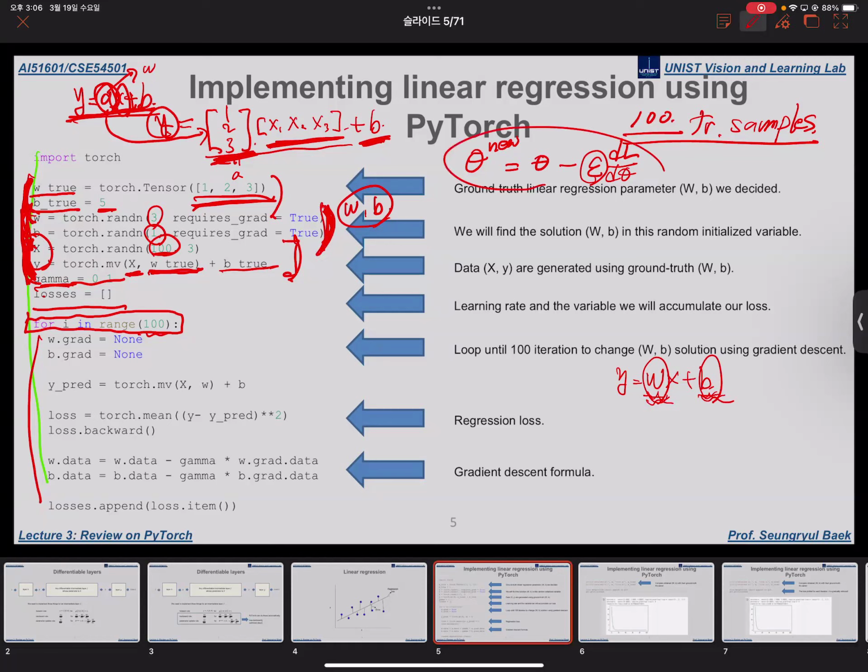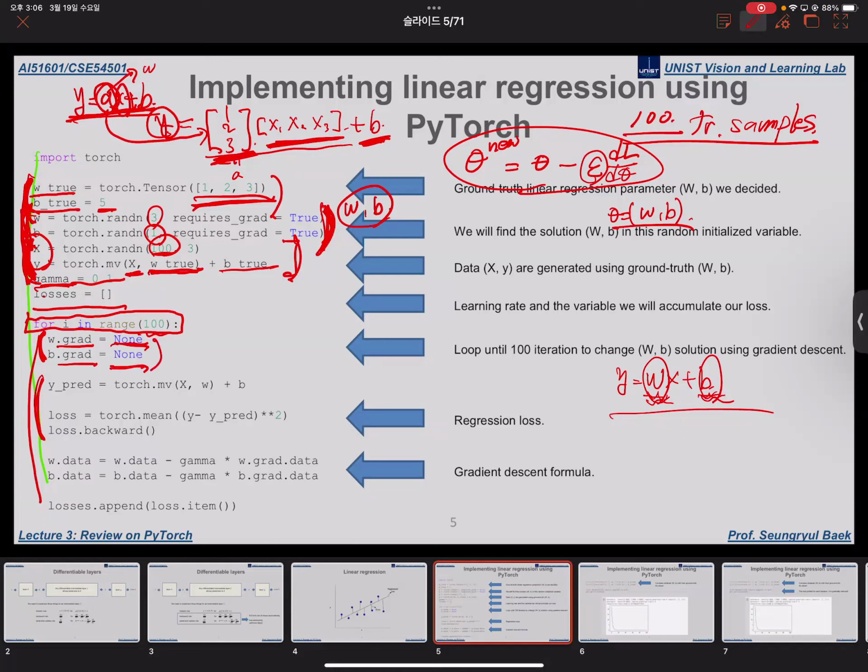Then we will actually use this to update W and B to fit the training data, and that is actually happening here. So you have to calculate W and B, and their gradient values should first be initialized as some known value, unless there would be some garbage value.